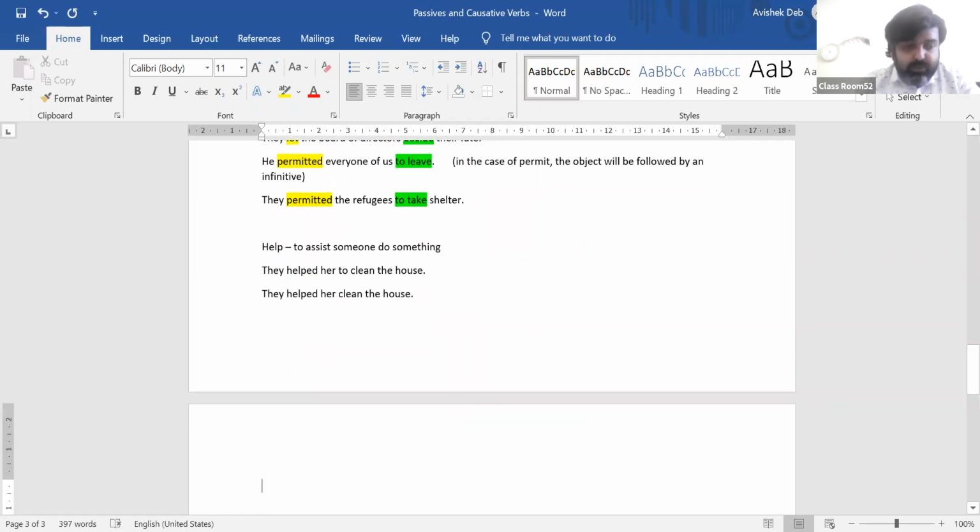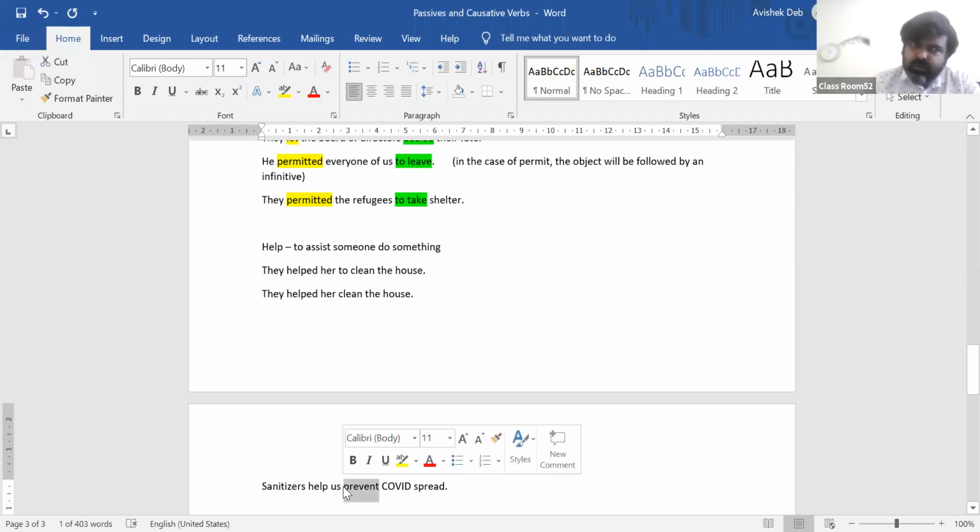I had asked you to use sanitizers: sanitizers help us prevent COVID spread. COVID spread is one particular noun phrase. So here, prevent is your base form of the verb.